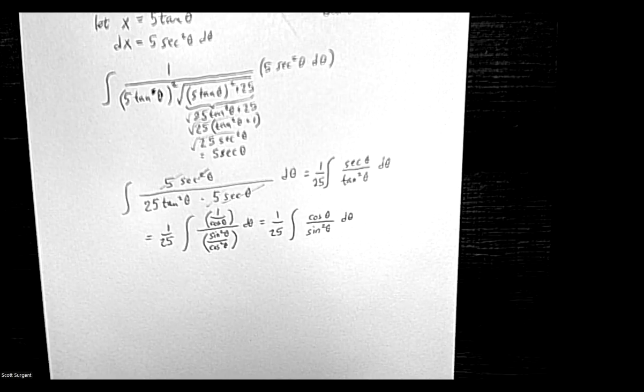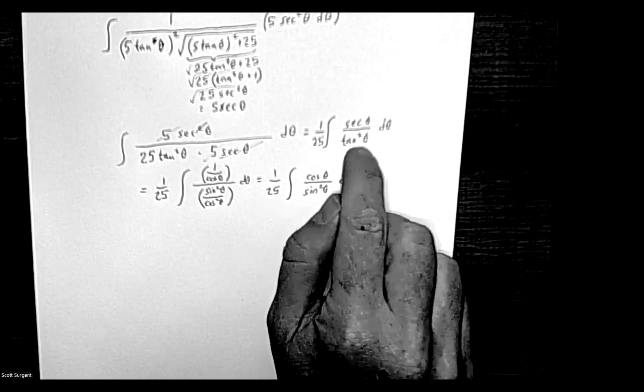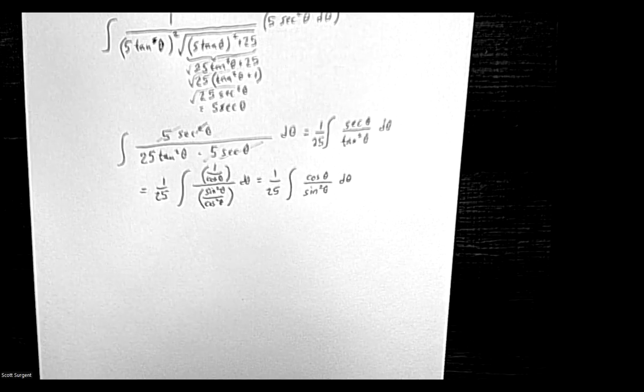Then we get cosecant, that would be cotangent, and cosecant. I'm not so sure that helps me either. I'm looking for another way to unravel this. Cosine over sine is cotangent, right? And then 1 over sine would be cosecant.